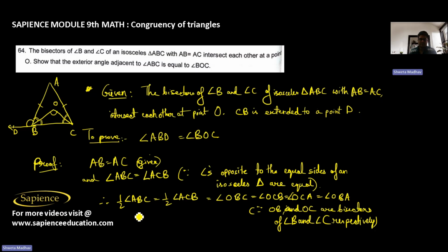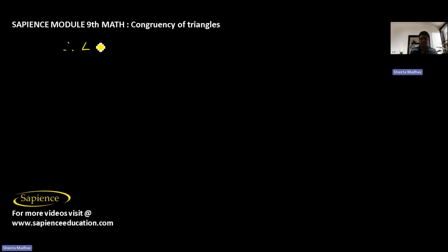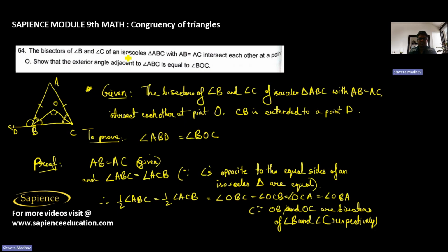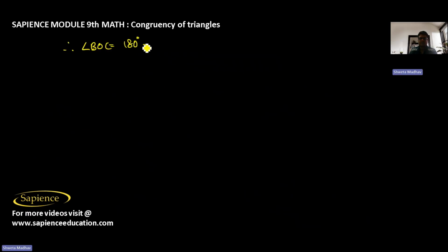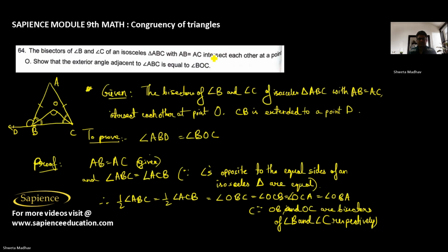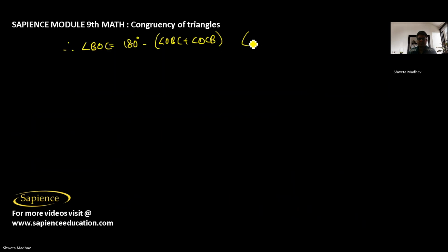So now, therefore, we can say that angle BOC would be equal to 180 degrees minus angle OBC plus angle OCB. The reason is the angle sum property of a triangle.